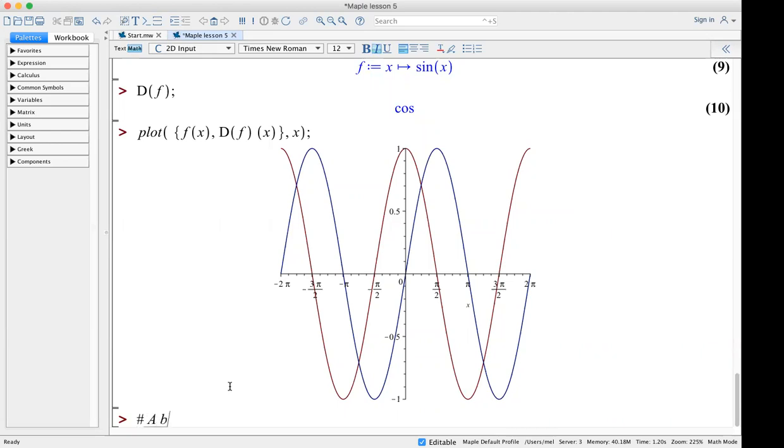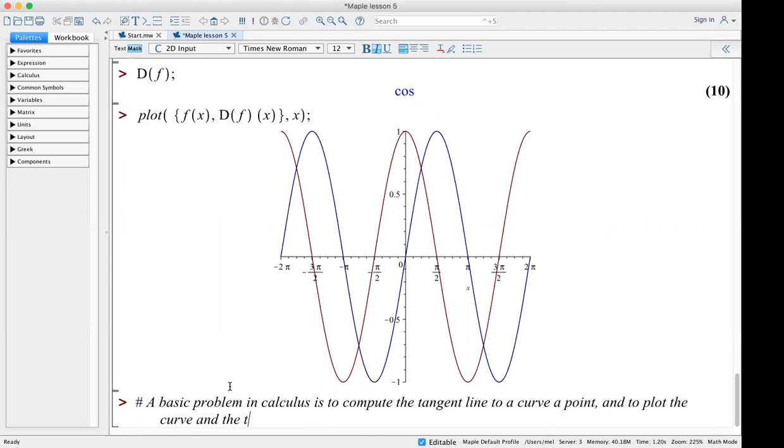So a basic problem in calculus is to compute the tangent line to a curve at a point and to plot the curve and the tangent line together.